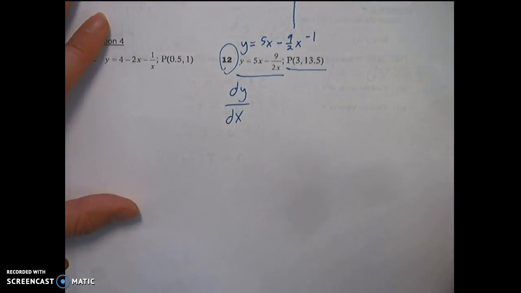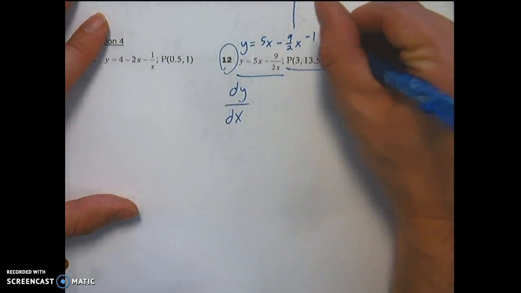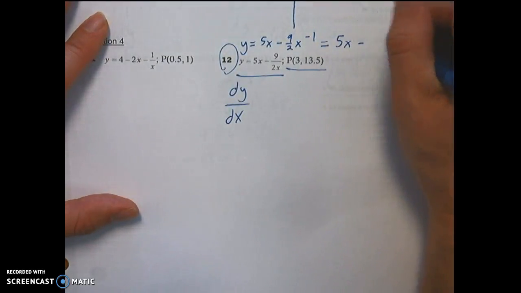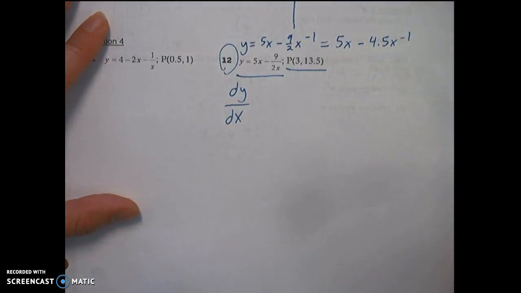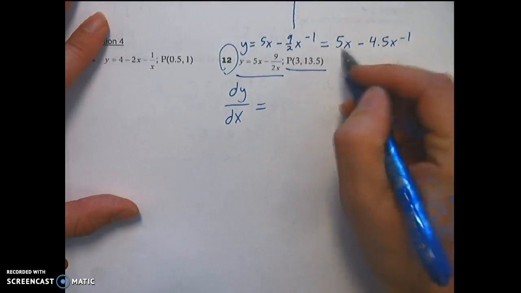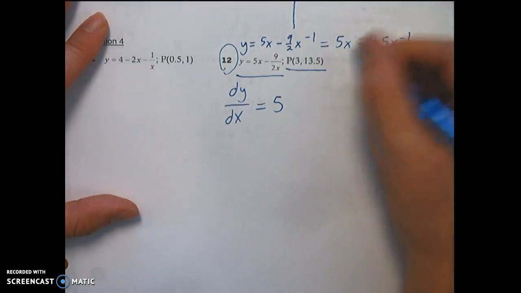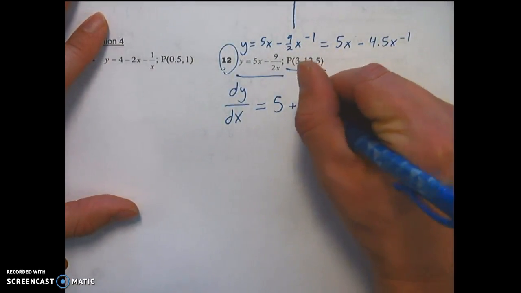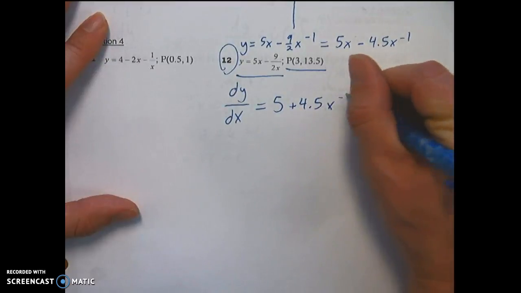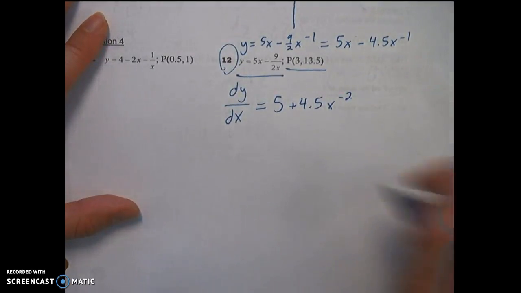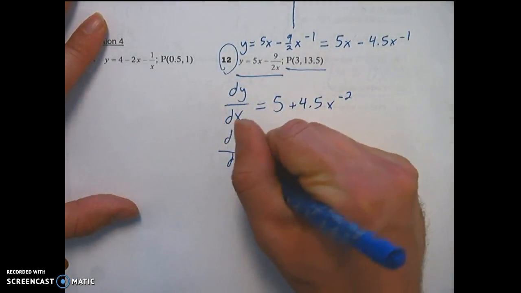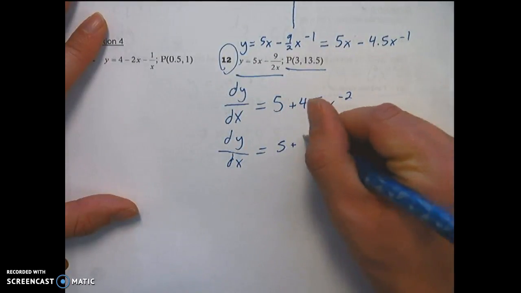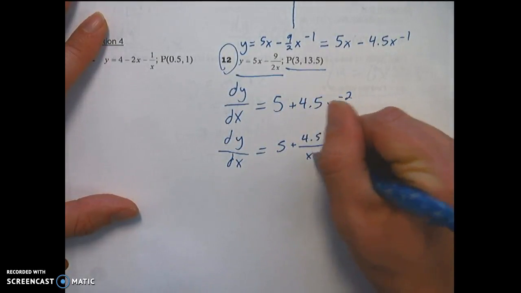Now I happen to not like fractions when I can avoid them, so I'm going to rewrite that as negative 4.5 x to the negative 1. I just think that's a little bit easier. So the gradient function then, 1 times 5 is 5, x to the 0th power, that's all going to drop out. Negative 1 times negative 4.5 is positive 4.5, x to the negative 2nd power. I like to rewrite that as 5 plus 4.5 over x squared.